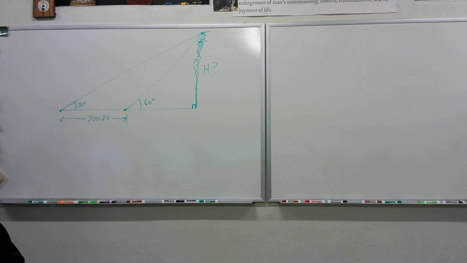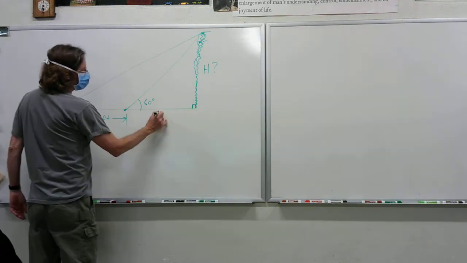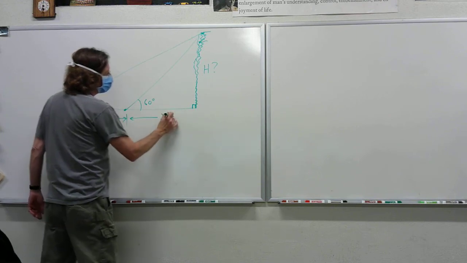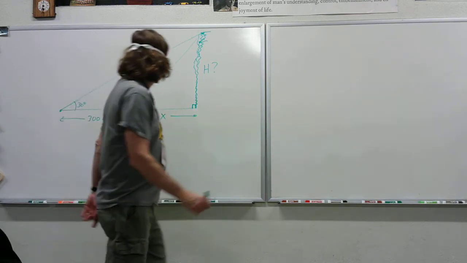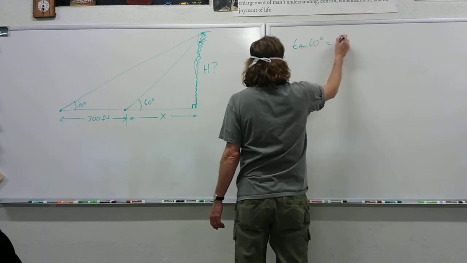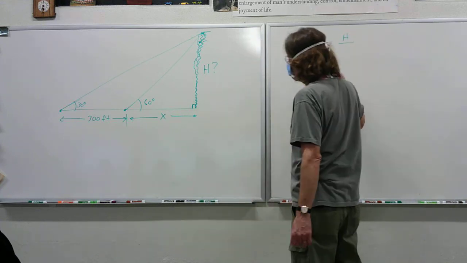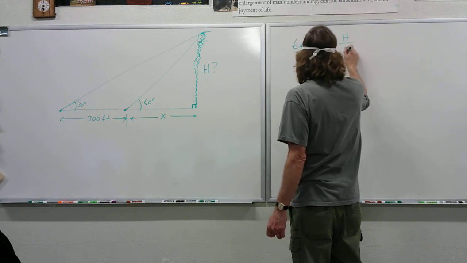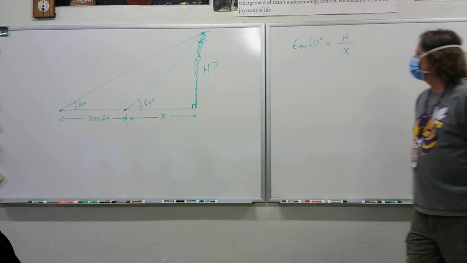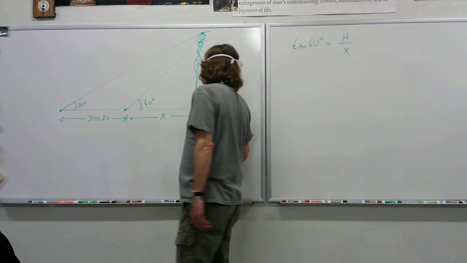Here's the whole deal. If I knew this distance right here, I'm going to call this x. Do y'all agree I could do the tangent of 60 degrees is equal to h over x? Okay? I don't want to know that. That's too hard. Let's do this.